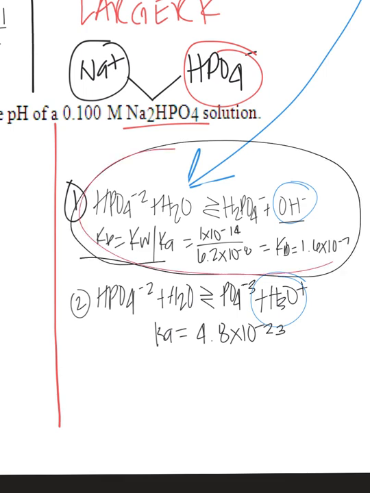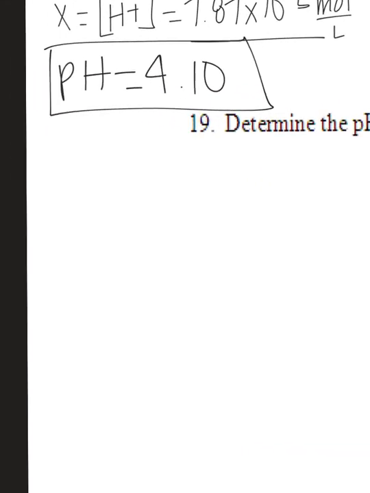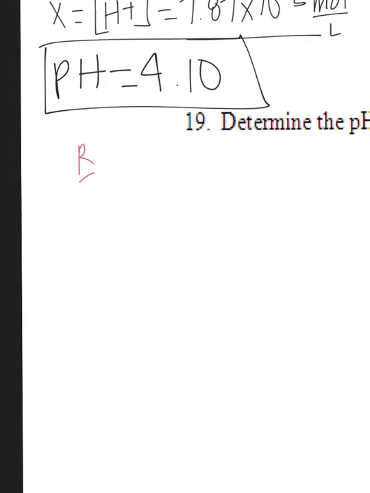Oh, let me circle that in red. Okay, so then I'm going to take that equation and I'm going to use it in my RICE table over here. Okay, so HPO4 2 minus plus water. Ooh, that's ugly.